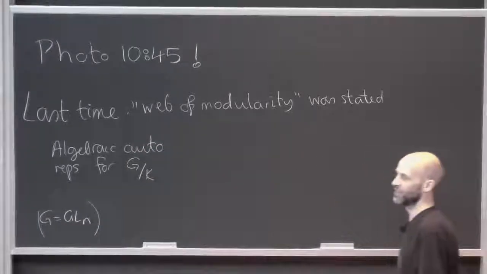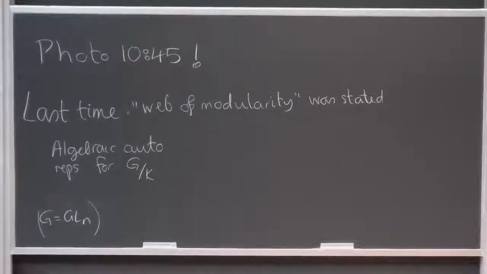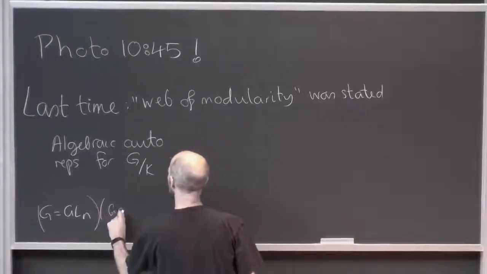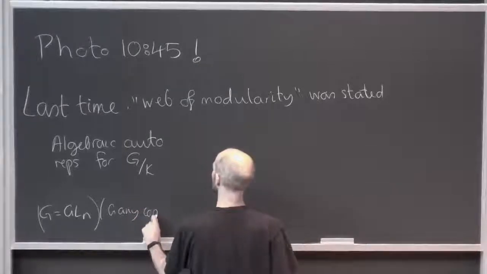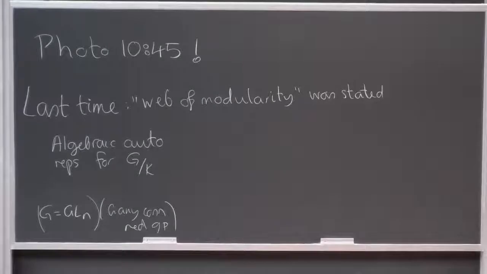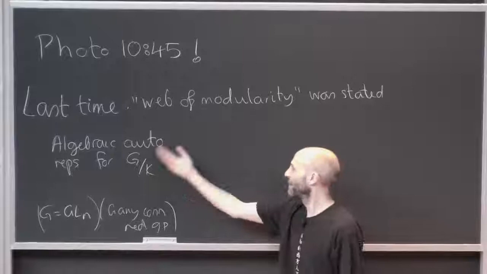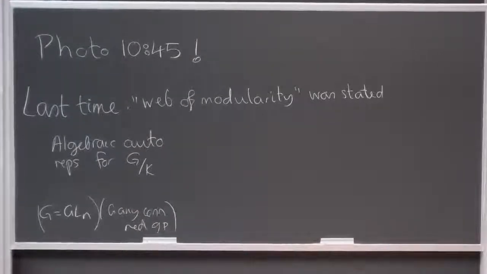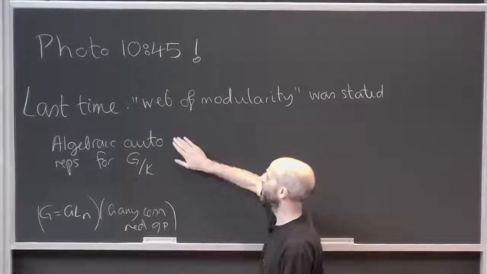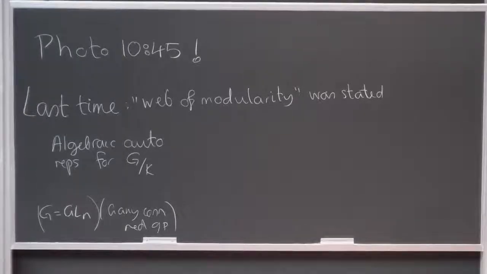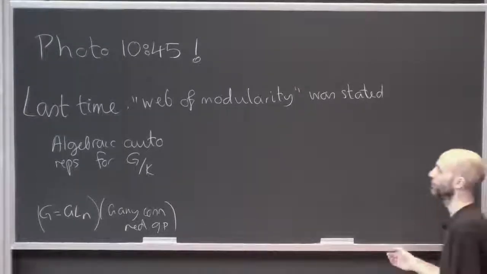But let me tell you the full truth. G can be any connected reductive group. For GL2 and GLN, it's nice because there are concrete examples. But when you're defining these abstract things, you don't need G to be GLN. You can let G be any symplectic or orthogonal group or all sorts of things.